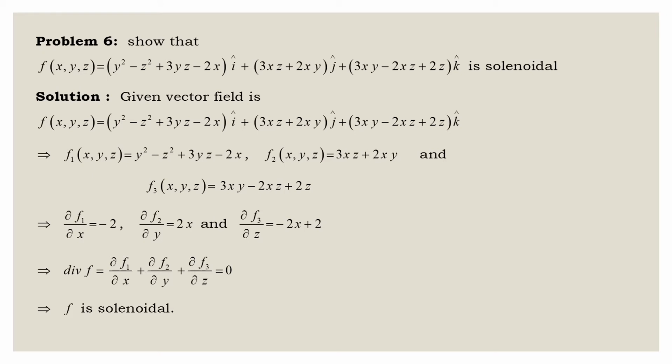So let us find out the divergence of the given vector field. The given vector field is f of x, y, z equals (y² − z² + 3yz − 2x) i cap plus (3xz + 2xy) j cap plus (3xy − 2xz + 2z) k cap.